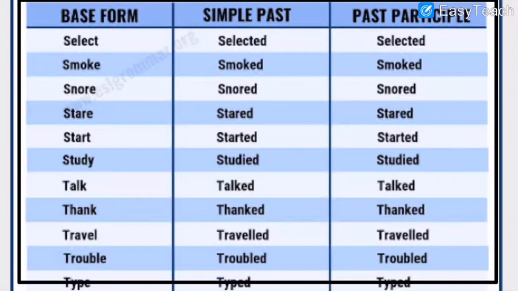Here you can see that the words are changing in each form. I will read these words 2 times, and in that time you will have to write down the first 10 words in all 3 columns in your book. As you can see, 1 to 10, till trouble, I have presented.